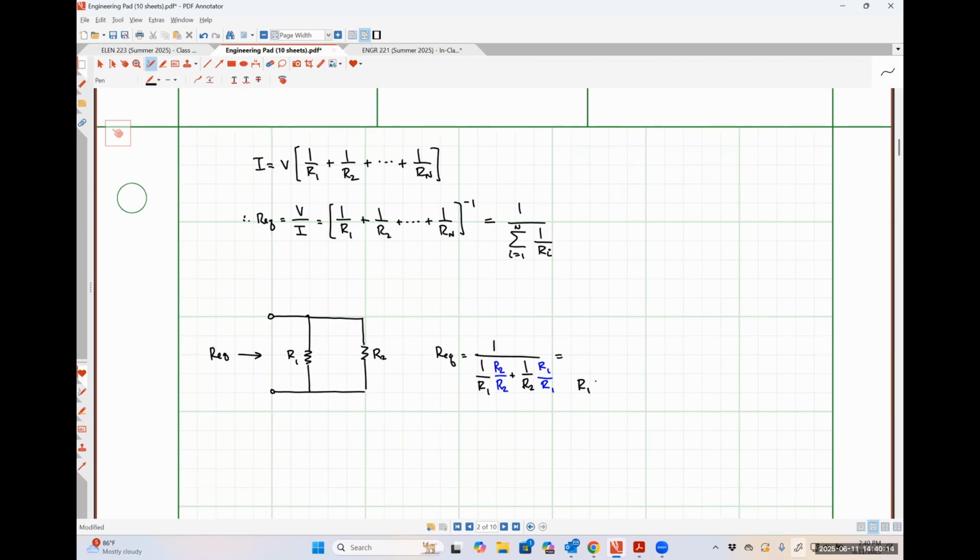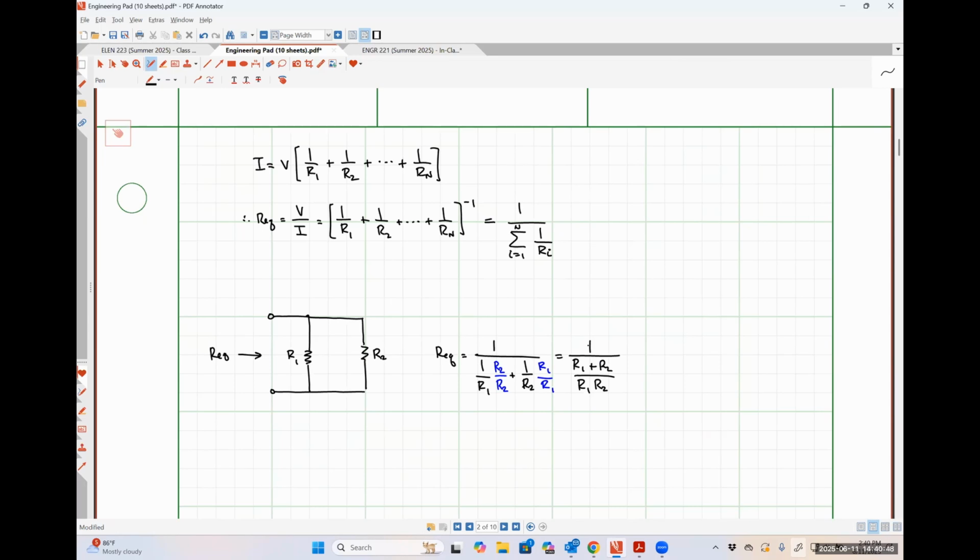So I know that I'm going to have R1 times R2 in the denominator. Since the denominators are the same, I can just add the numerators together. So that's just going to be 1 times R2 plus 1 times R1. I'm going to choose to write that as R1 plus R2. And this whole fraction is below that 1 over thing there. So lastly, now I have 1 divided by a fraction.